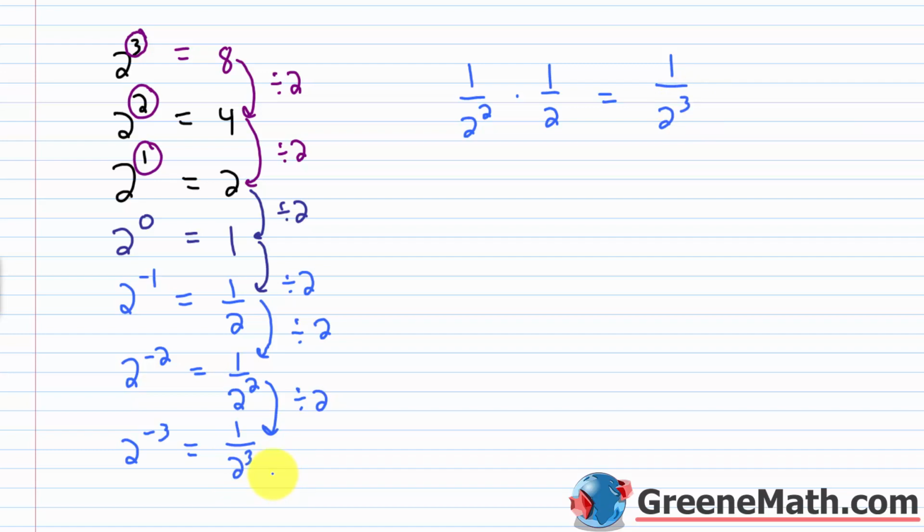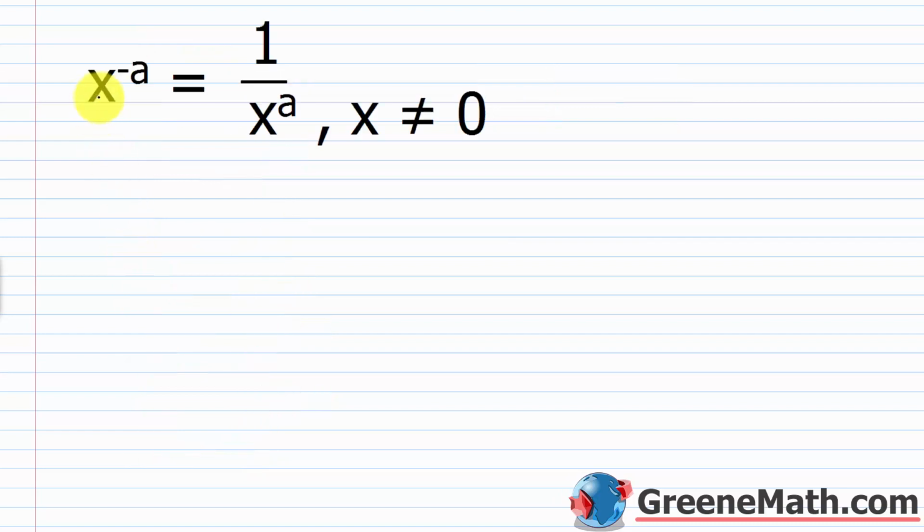Now, you'll notice that the exponent down here matches the exponent here in terms of absolute value. The exponent here matches the exponent here in terms of absolute value. Again, here and here. That leads us to the following rule: for any real number x, as long as x is not equal to 0, if we raise it to the power of negative a, it's equal to 1 over x raised to the power of a.